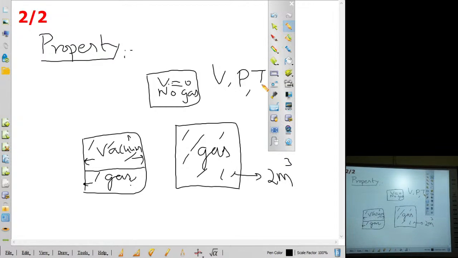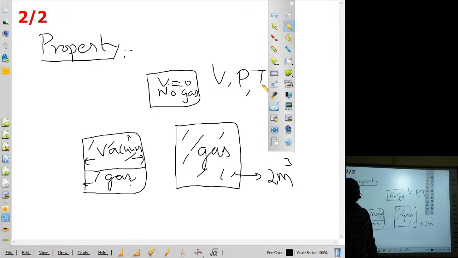Okay. And why they are called fundamental properties? Because from these properties only we are able to get other properties. We have got the stored energy, internal energy was one example. Then we have got relationship between pressure and volume.